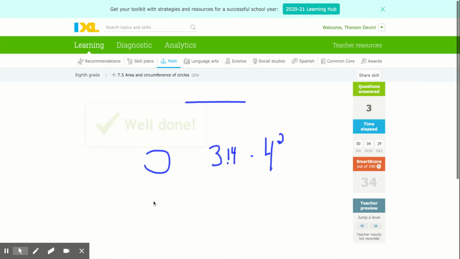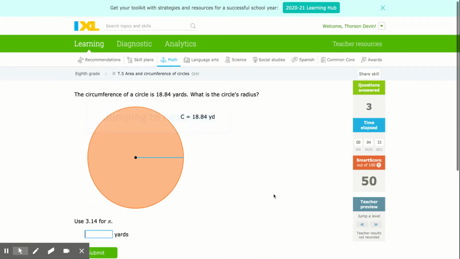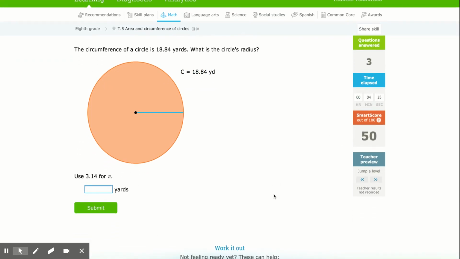They probably will get to somewhere you're going the other direction, where they'll give you the area and want you to find the circumference, or give the circumference and want you to find the radius. So again, you're working backwards. Since they gave us the circumference, what I'm going to do is divide this by 2, because we had a double, and then divide it by 3.14.